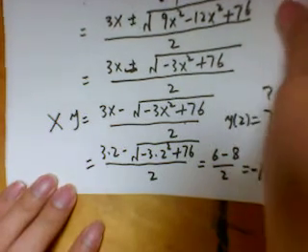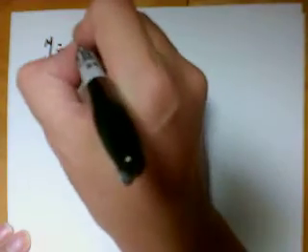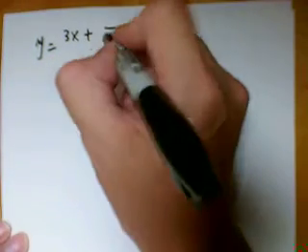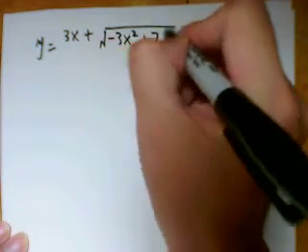Now let's take a look at the other solution. The other solution is y equals 3x plus the square root of negative 3x squared plus 76.